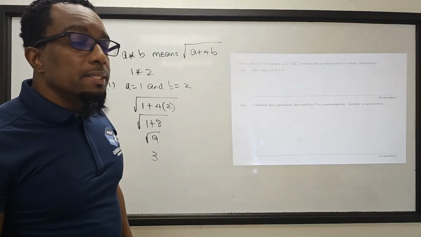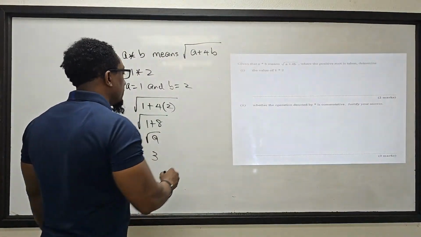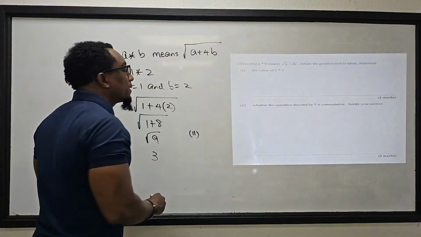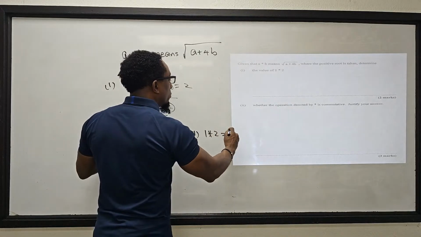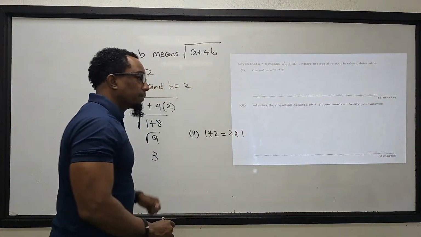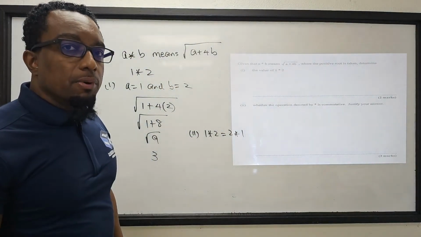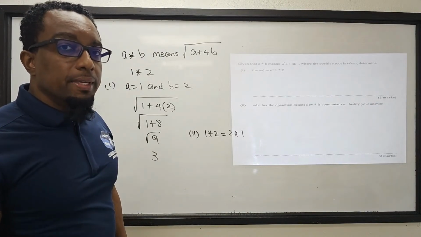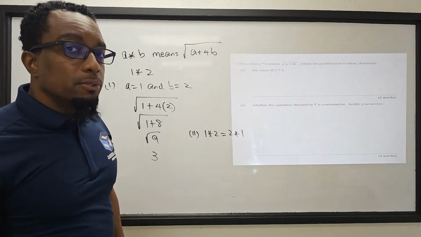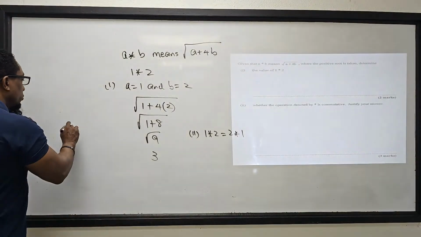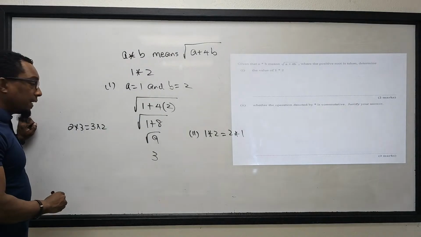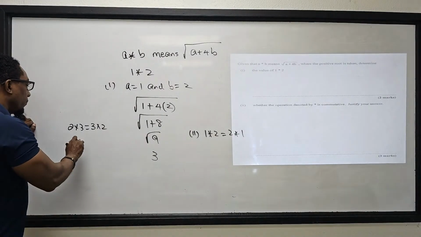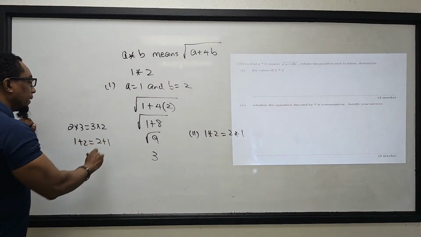And what is commutative? Commutative simply means they want us to show if 1 asterisk 2 is the same as 2 asterisk 1. So remember the commutative law, 2 multiplied by 3 is the same as 3 multiplied by 2. That's a commutative law. Or 1 plus 2 is the same as 2 plus 1.